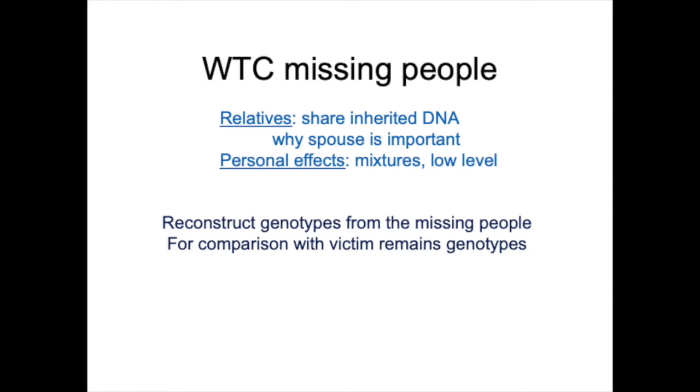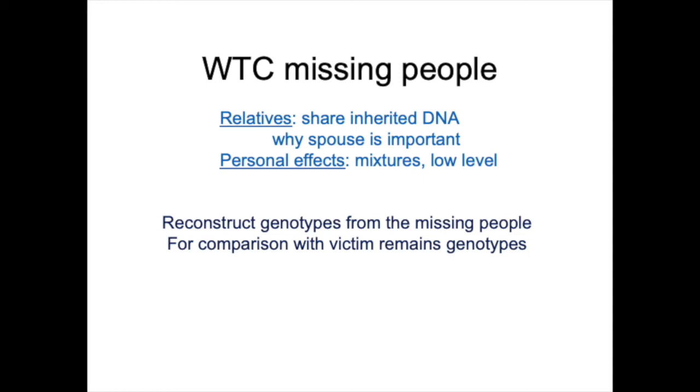However, if you're going to reconstruct a missing person's genotype, you have to know how both parents impact what the children inherited. So you can't fully analyze the children's DNA without having the spouse. So the crime lab went back, I think over a few years perhaps, to find and get the cheek swabs and the genotypes of the spouses.